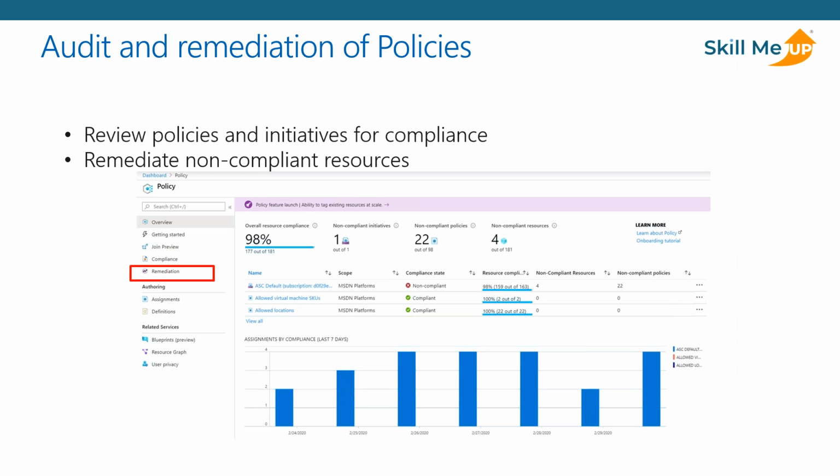Within the remediation dashboard in policy, you have a list of policies, and you can review right there what your compliance state is. As you can see on the slide, you can see that the ASC default is the initiative that's put in place as soon as you create your subscription around Azure Security Center.